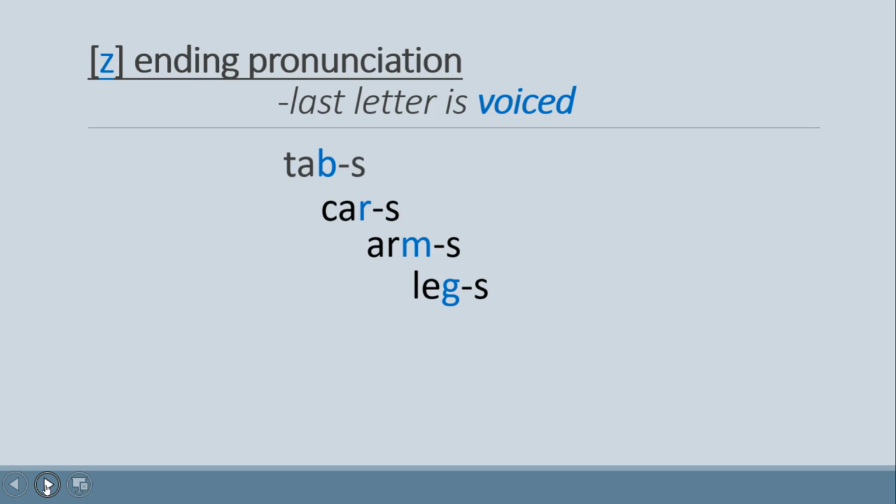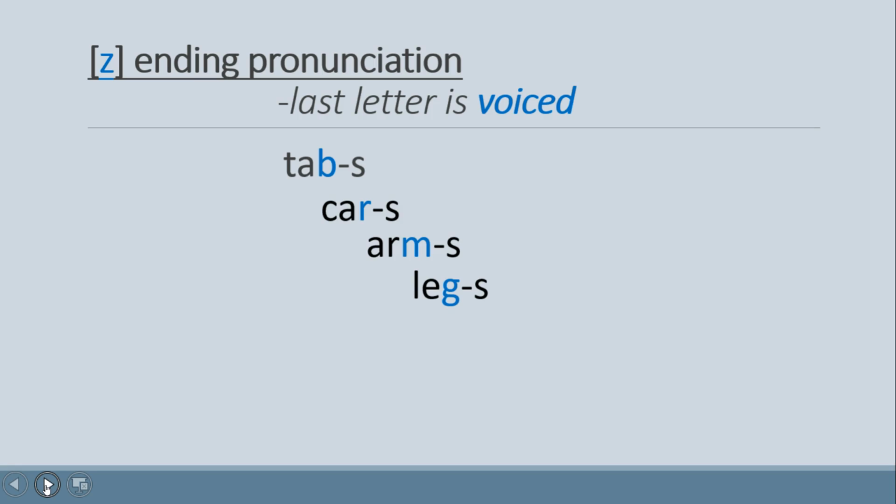So we get legs. So the rule here is obvious. If the last letter of a word is voiced, you still add s to make a plural, but the s will change into a z in regards to pronunciation. So we have tabs, cars, arms, and legs.